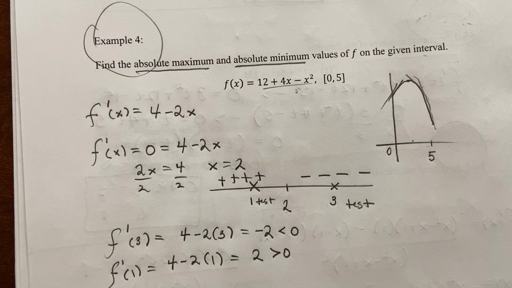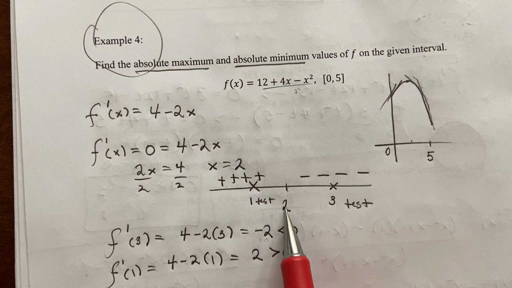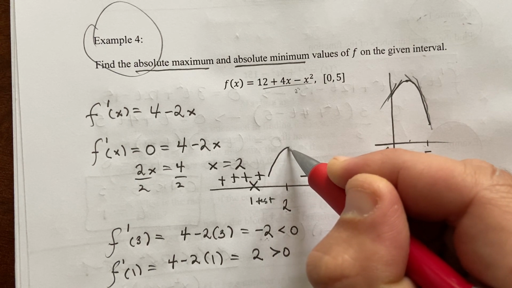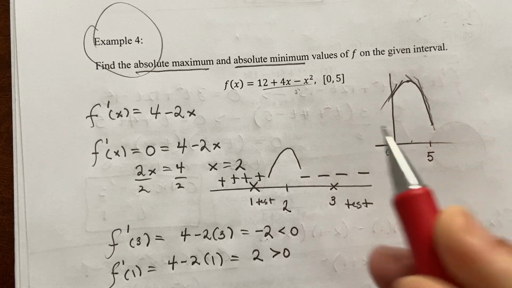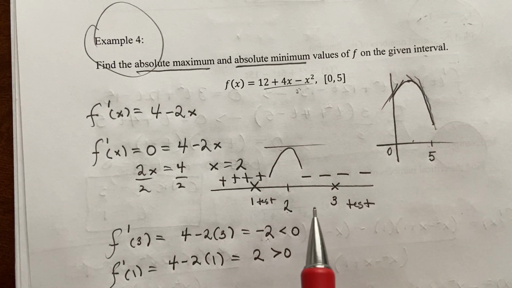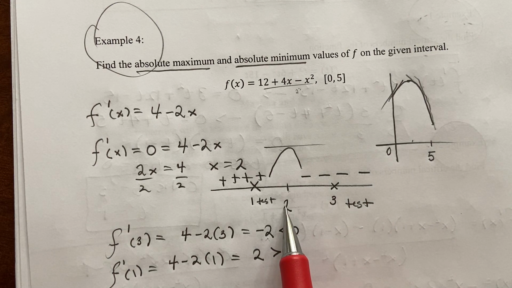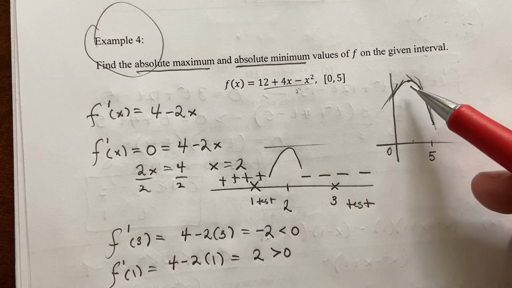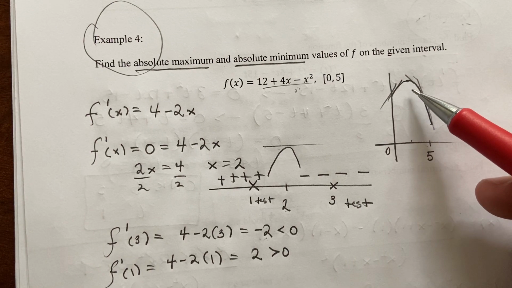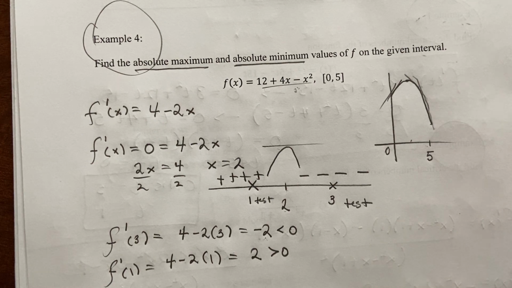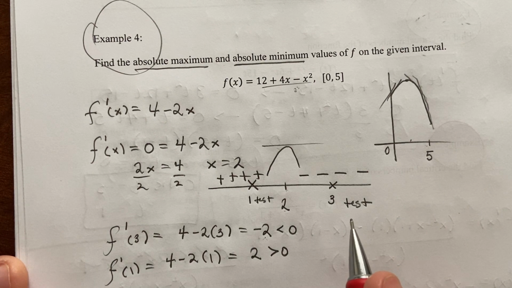That is an indicator that this is a max, because we have positive slope on the left, a negative slope on the right, and a 0 slope right in the middle at 2. So we have a max at 2. I know it's going to be the absolute max based on the picture, but you wouldn't really know that based on the picture yet.